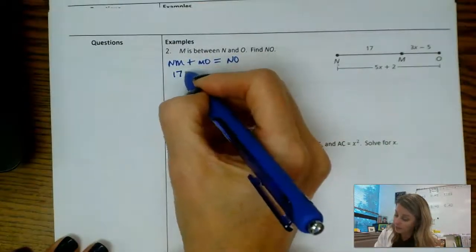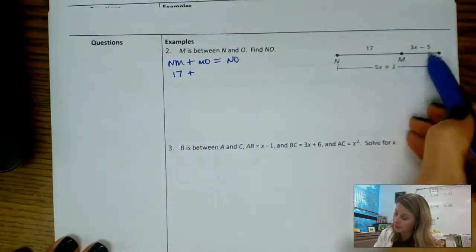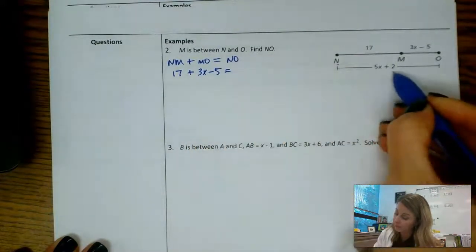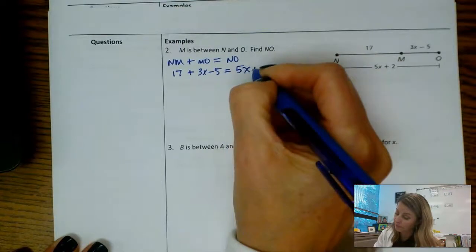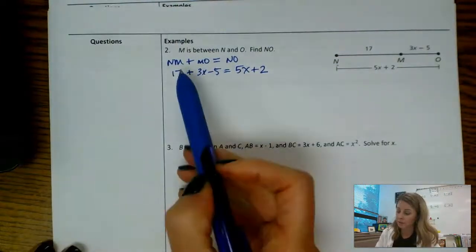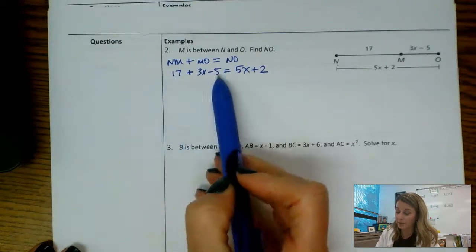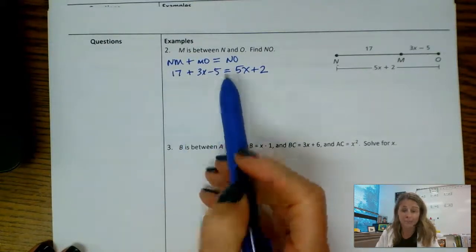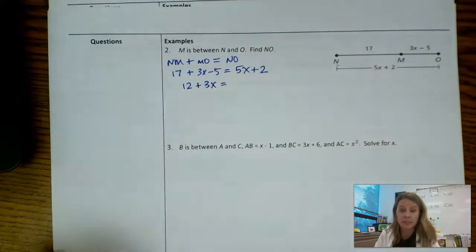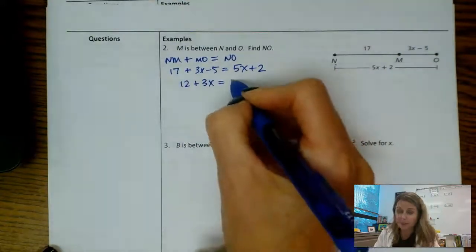So I could say 17 plus 3x minus 5 equals 5x plus 2. From there we solve. I would combine these together, 17 minus 5, so I would have 12 plus 3x equals 5x plus 2.